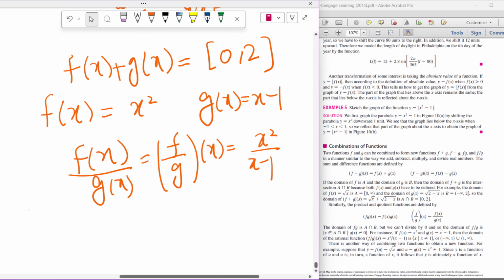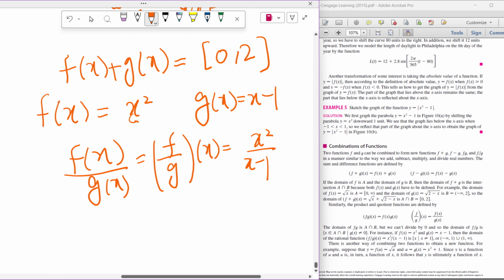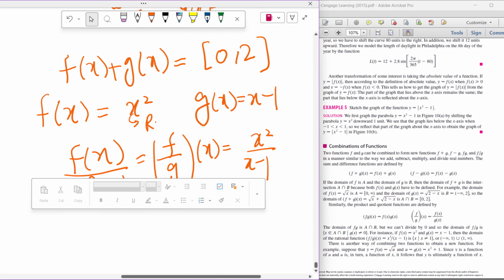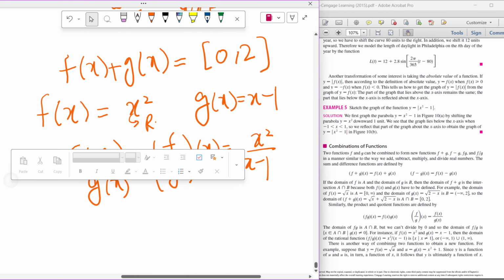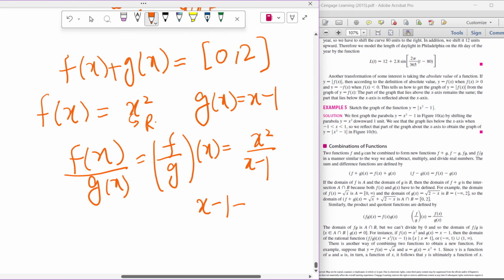First, the domain of x squared will be all real numbers. But for the rational function, x minus 1 not equal to 0, so x not equal to 1.